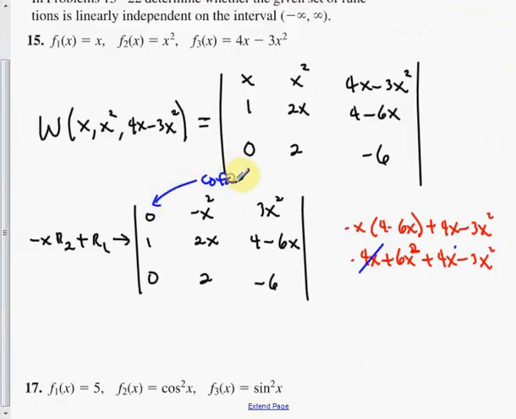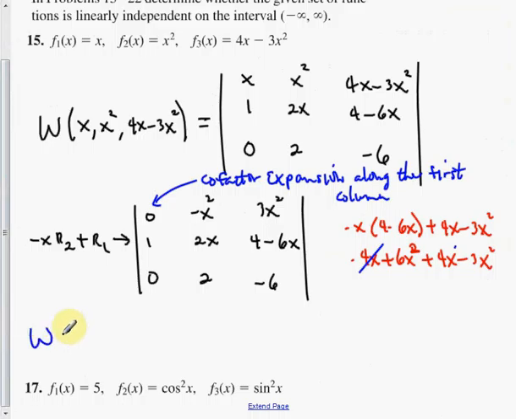So I'm doing cofactor expansion along the first column.